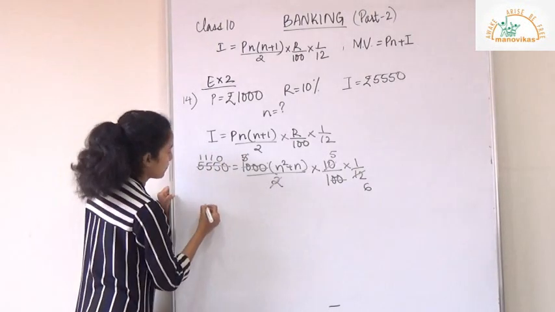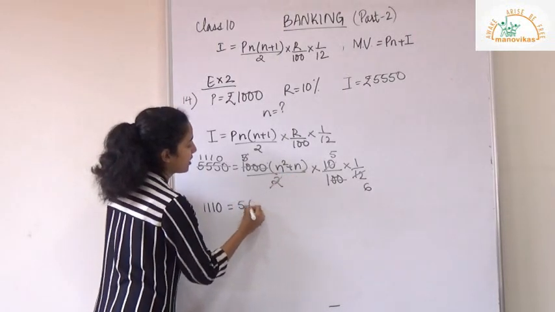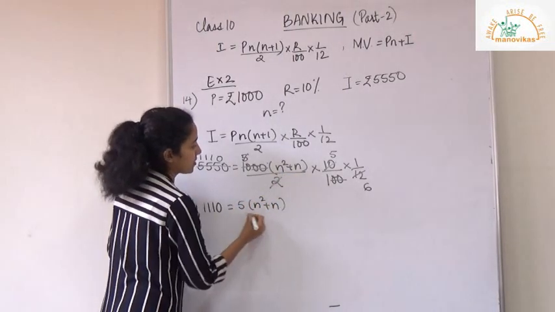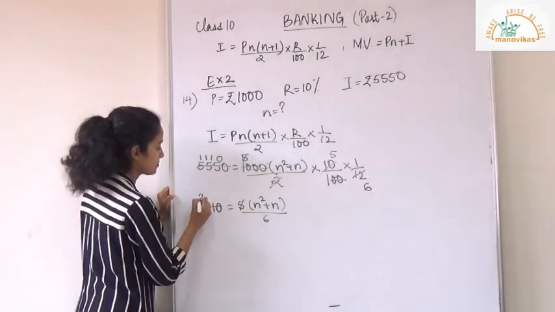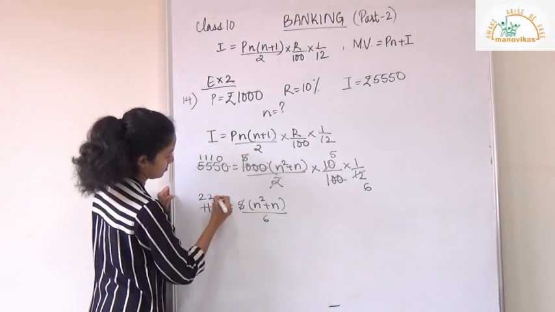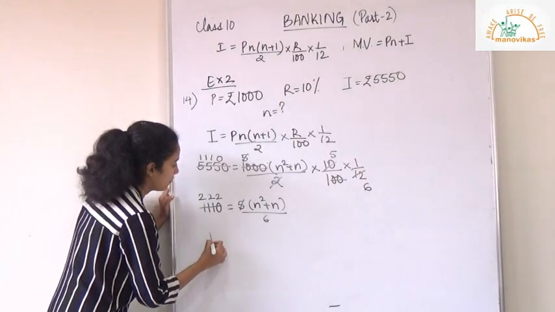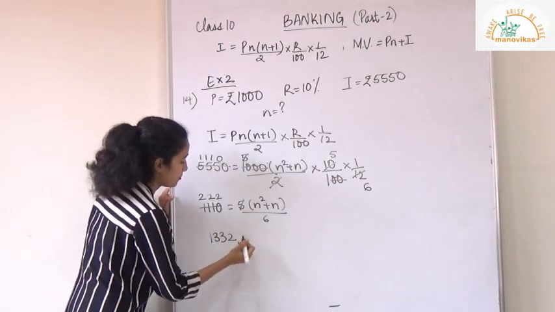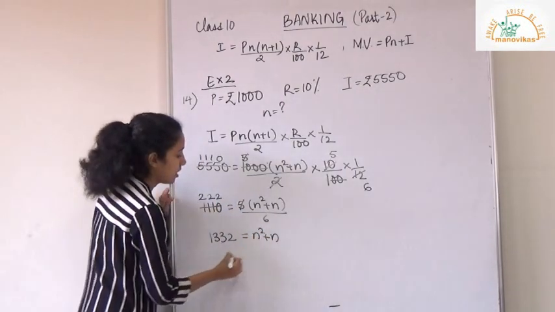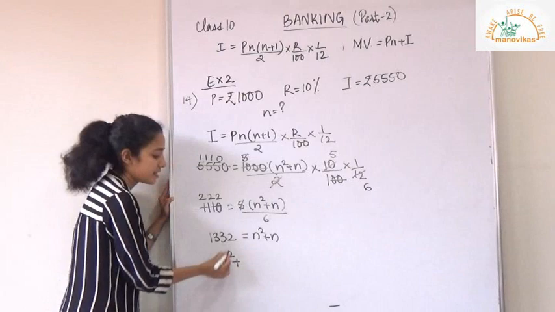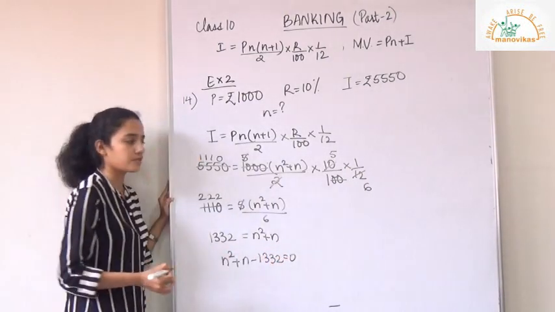So I am left with, so 1 1 1 0 is equal to, I have 5 n square plus n divided by 6. So I can cancel this again. Okay, so now once you cross multiply, I will have 3 3 2 is equal to n squared plus n. So you have the quadratic equation as n squared plus n minus 1332 equal to 0.